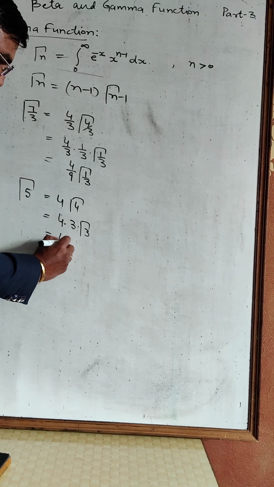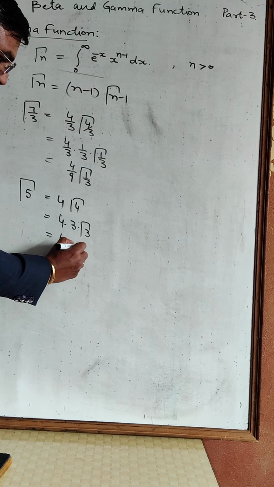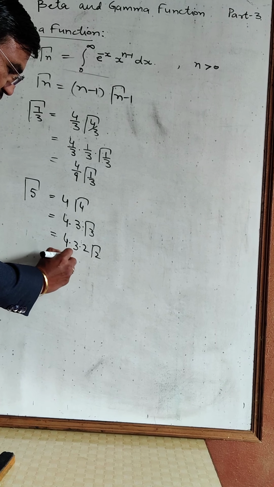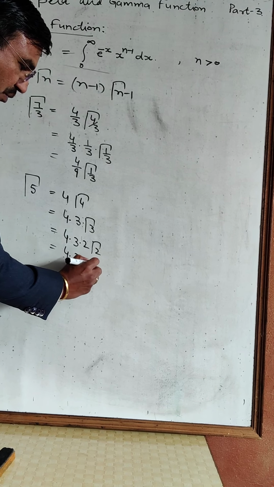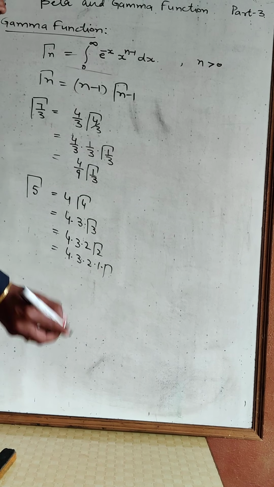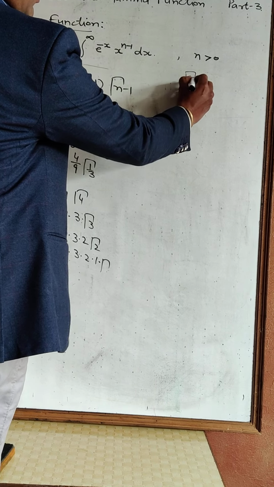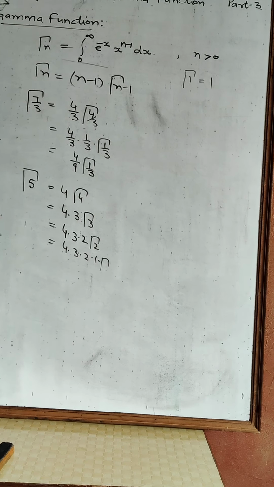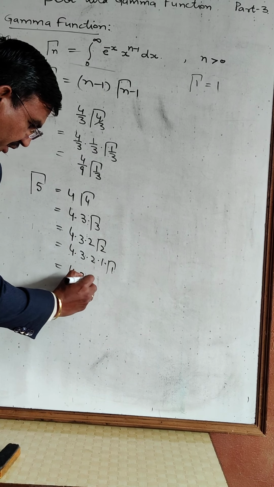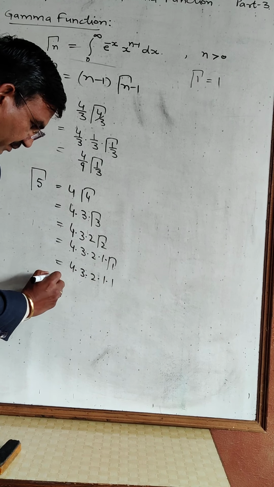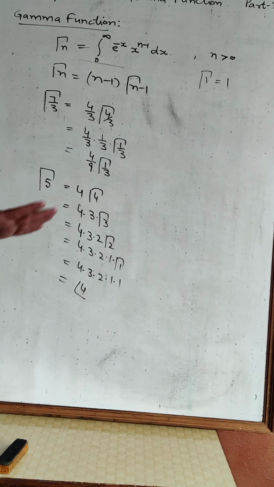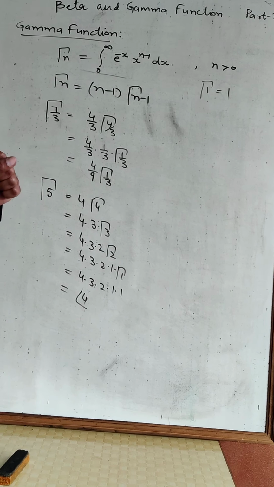So it would be 4 into 3 into gamma 3, which would be 2 into gamma of 2. Again, it would be 4 into 3 into 2 into 1 into gamma of 1, and we have shown earlier that gamma of 1 is always equal to 1. So it would be 4 into 3 into 2 into 1 into 1, that is factorial form. So we have to keep all these results in our mind.